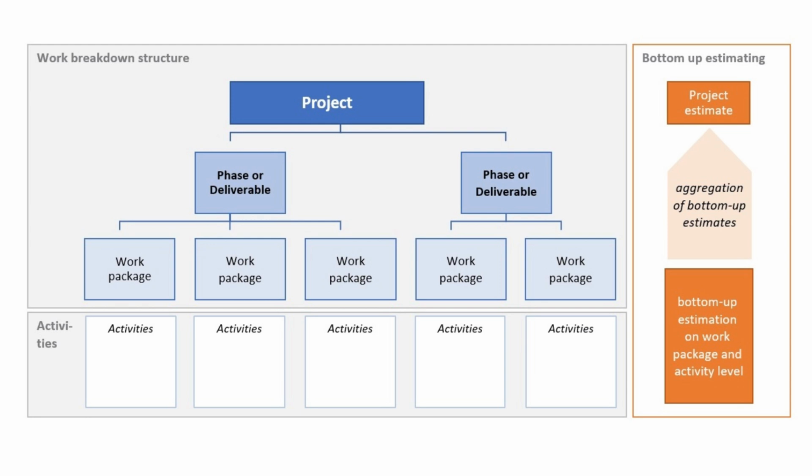In bottom-up estimation, the variable or parameter is broken down into smaller, more detailed components, and each component is estimated separately. The WBS, or work breakdown structure, can be used to identify the components that should be included in the estimation process and to organize the estimation process in a logical, hierarchical manner.